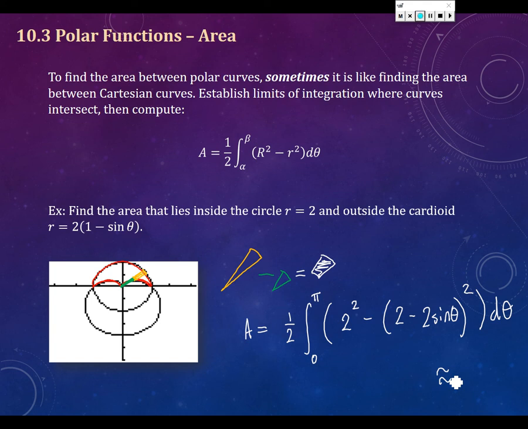I'm a big fan of drawing some representative slices in your region, just to make sure you're on track, like we just did. Anyone have it for us? Buying you some time here. 0.4858. And you're confirming in the back. Thank you. All right. Great. Let's move along then.